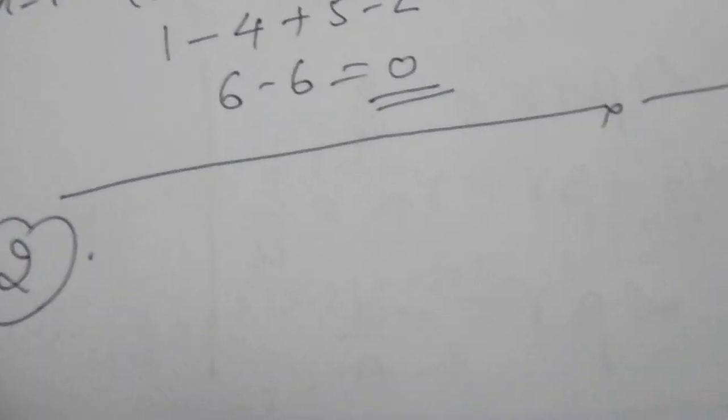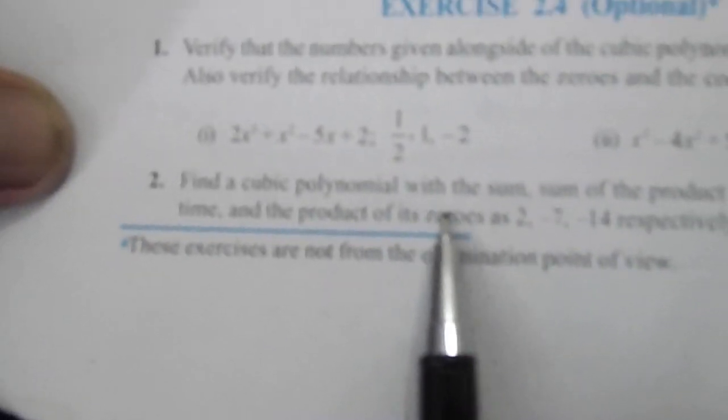Now moving on to question number 2. It says, find a cubic polynomial with the sum of the products of its zeros taken 2 at a time, and the product of its zeros given as 2, -7 and -14 respectively.